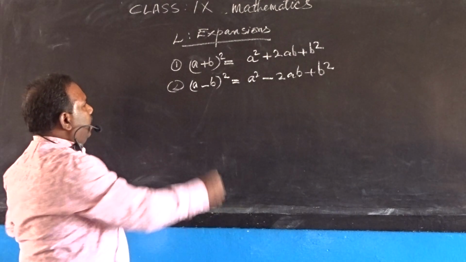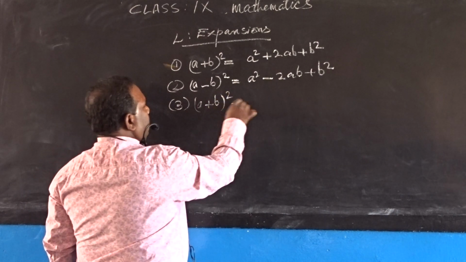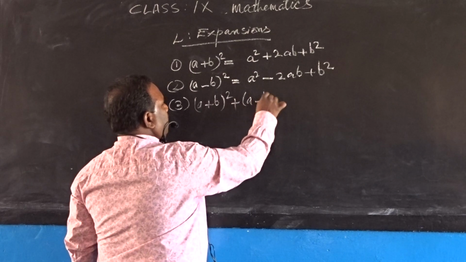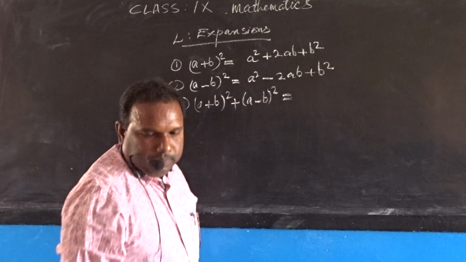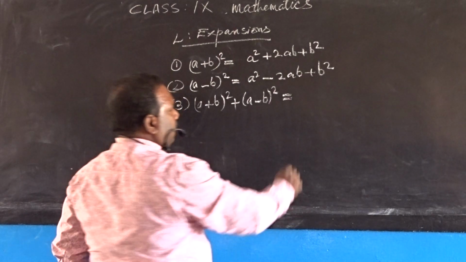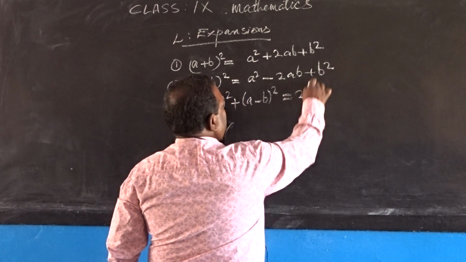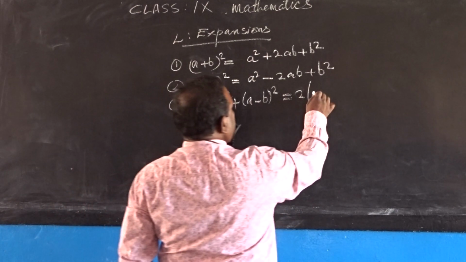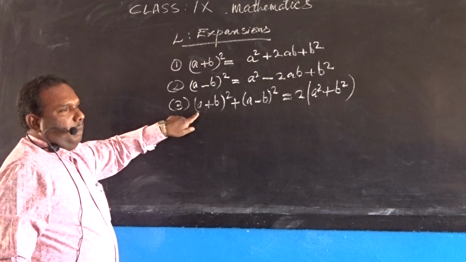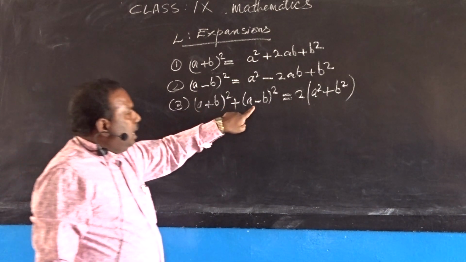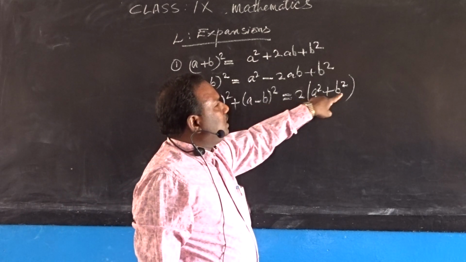Again, third formula: (a plus b) all square plus (a minus b) all square is equal to 2 into (a square plus b square).